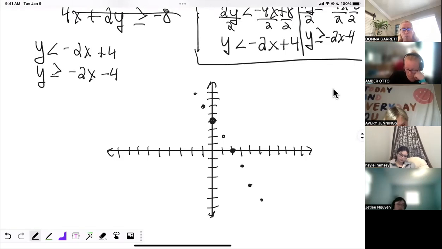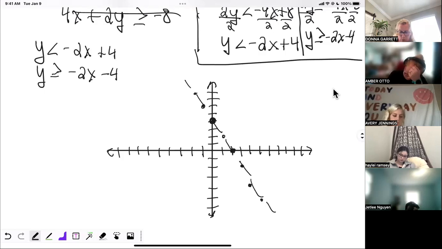Okay, so now I look back. Oh, see, good thing I looked. It's not equal to, so it has to be a dashed line. Wow, that looks really bad. Hold on. And it's less than, so it's under. So I'm going to put a little arrow just to remind me it's under.